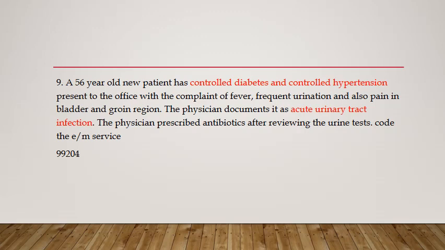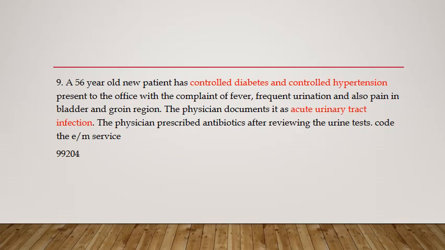One acute uncomplicated illness or injury comes under low, but controlled diabetes and controlled hypertension, two stable chronic conditions, come under moderate. So in the same problem table, if you get low and moderate, you have to consider moderate. So in the problem table you got moderate.